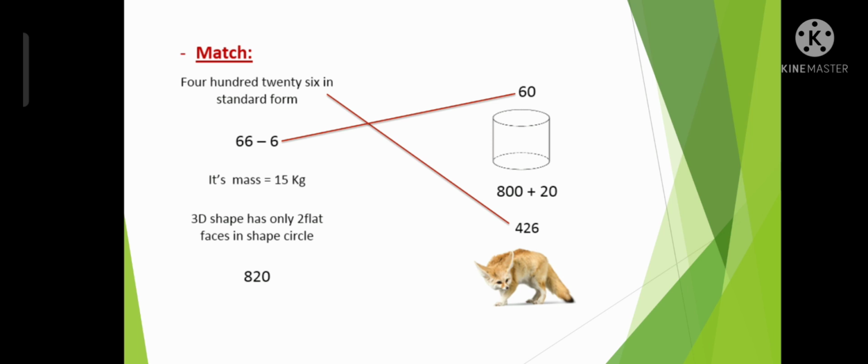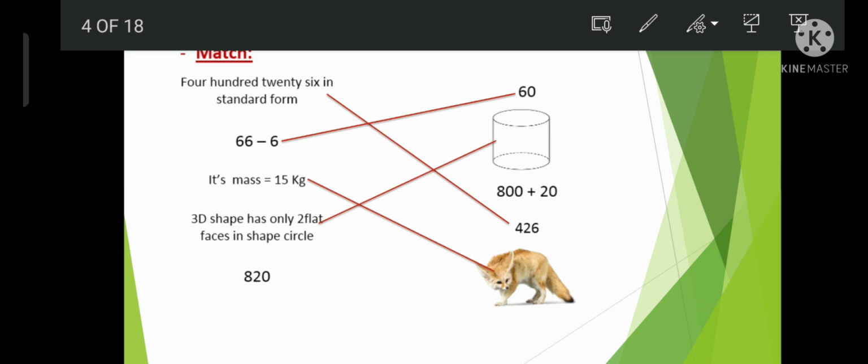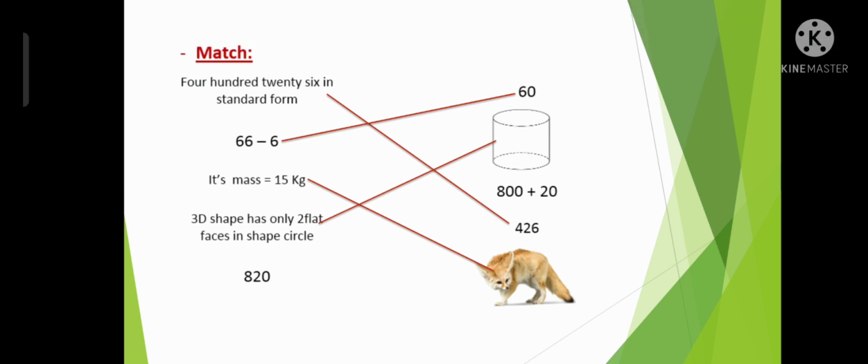So the answer will be the picture. The fourth one, a 3D shape has only 2 flat faces. Cylinder has only 2 flat faces, okay, and is a 3D shape. The last one, 820 in expanded form equals 800 plus 20.